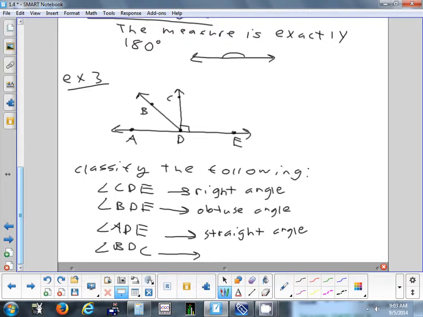What does that one look like? Kira? That's acute. Sometimes if you have an angle that measures more than 180, we do use a term for it. It's called a reflex angle. If you look that up, they usually classify a reflex angle as an angle more than 180 degrees.